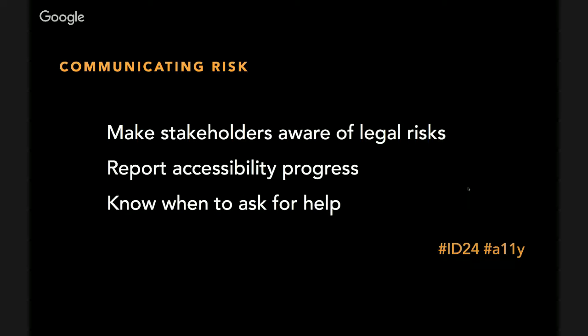There are certainly a number of consulting firms and accessibility subject matter experts that are available to assist in a professional capacity as well as an informal capacity on projects. So when you're feeling like the risks are great, it may be time to ask for help with an outside resource.